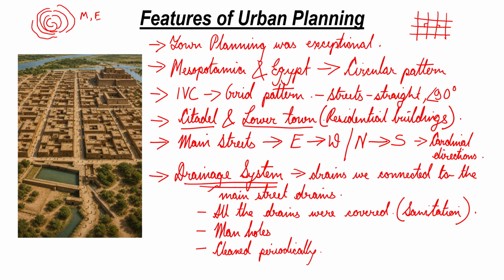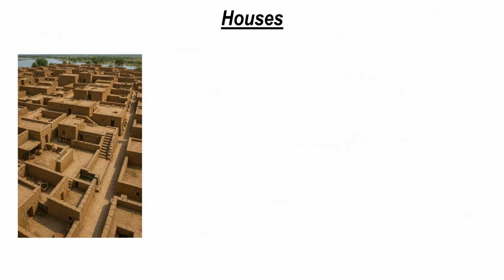The next important thing is houses. How were the houses of the Harappan cities? So from the picture itself you can see that houses were very planned and well organized. So they were built on a high mound. High mound means raised platform.